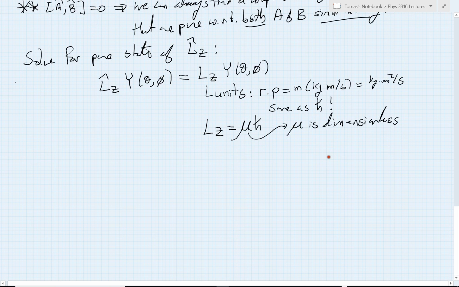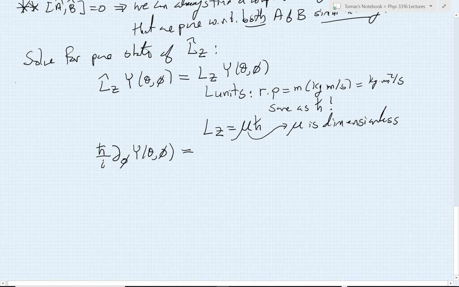Now, to find out that other number, let's look at the resulting equation. The operator LZ, we know from up above, is h bar over I times the derivative with respect to phi. That's acting on my function Y, which depends on theta and phi. And that then must equal my constant times my state again.